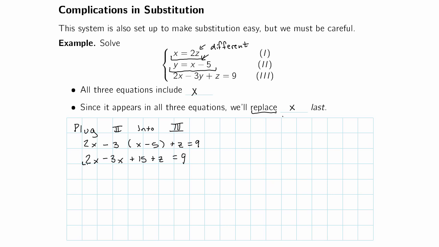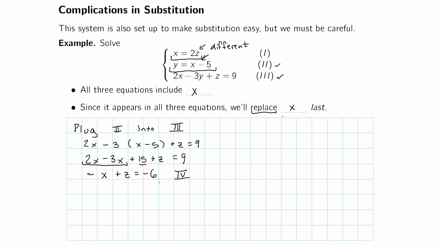I'm going to combine these like terms, and I'm going to subtract 15 from both sides. I've got negative x plus z equals negative 6. And I'll call this equation 4, because it's a new equation in multiple unknowns. So I've used equations 2 and 3, combined those to get 4.